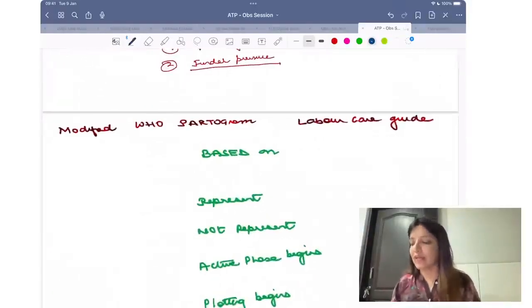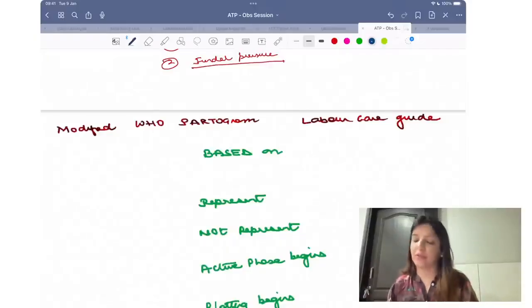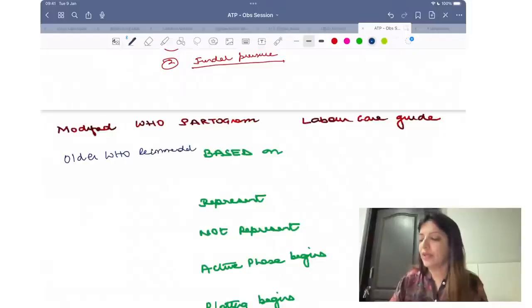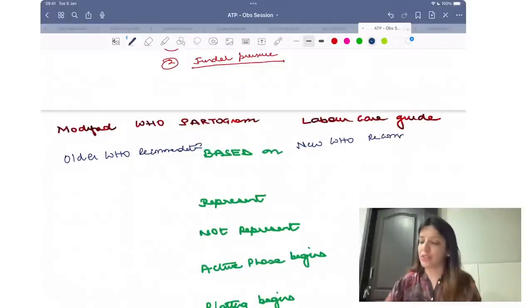Here, I'll just quickly make you write some important points which are differences between modified WHO partogram and labor care guide. Modified WHO partogram is based on older WHO recommendations. Labor care guide is based on new WHO recommendations.